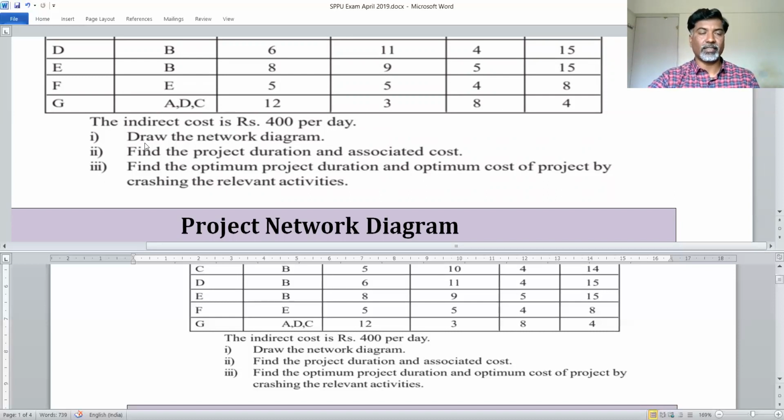What they have asked is to draw a network diagram, find the project duration and associated cost, and find the optimum project duration and optimum cost of the project by crashing relevant activities. Now we see how to do all those activities. Okay, so we'll start the example now.